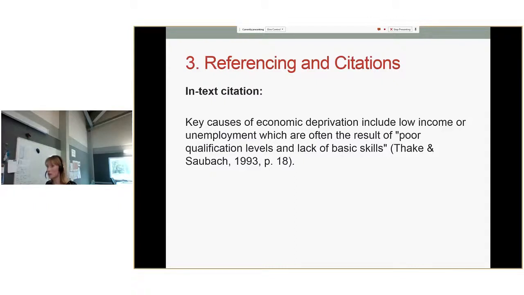Then the citation is this here. So you've got a quotation, and then you're acknowledging whose words those are. So this is, oh crikey, I've chosen one I can't pronounce. Thake and Sobach, something like that. So those are two authors, and they've written something in 1993, and you've taken this quotation from page 18.